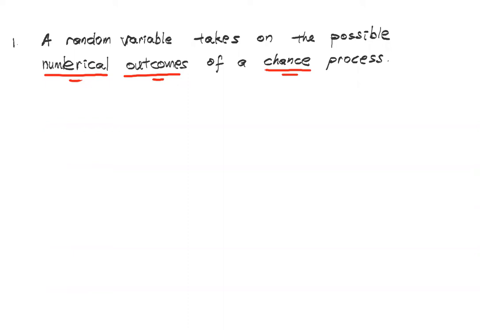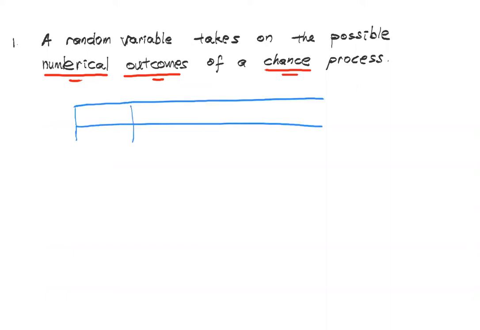So that's why in our case here, when you say numerical, possible numerical outcomes, it's not just 2, 5, 10, and 20.